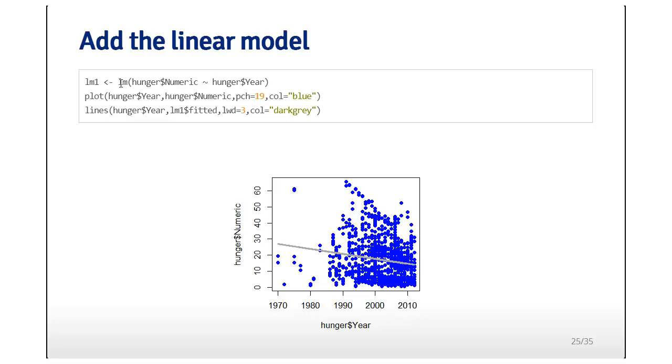Of course, this works as well. If you don't have the data equal statement, then the variable has to be explicitly stated. You have to grab the numeric and the year variables from the data frame hunger, because lm otherwise wouldn't know where to look. Here's the plot, and then you can just do lines. You can, by the way, just do lines lm1, and it'll put it in there.